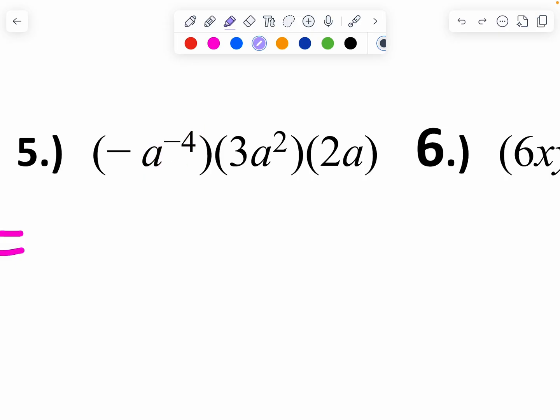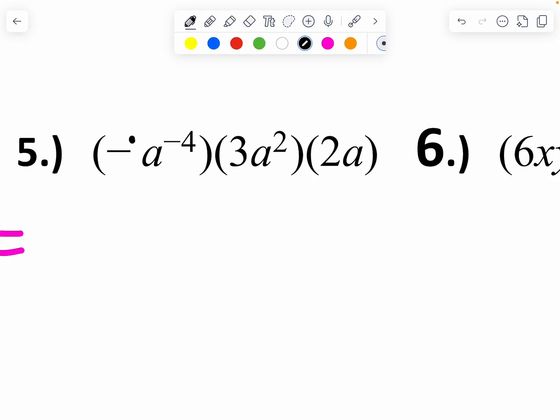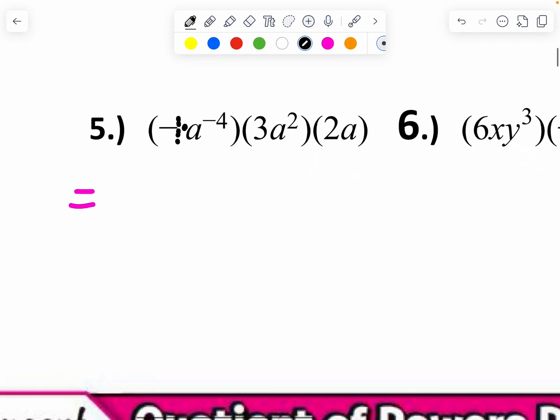Again, if you see parentheses around negative a like this, and then it's raised to the power of negative 4, that will mean it's negative a times negative a times negative a times negative a. But the way they have it without that parentheses, this is the same thing as negative 1 times a to the power of negative 4. Okay, so pencil in the negative 1 as a coefficient for that monomial.